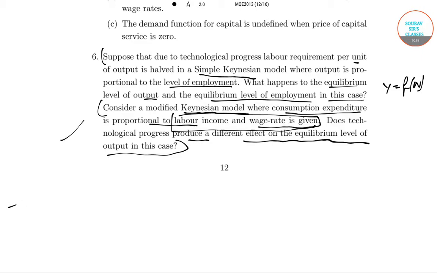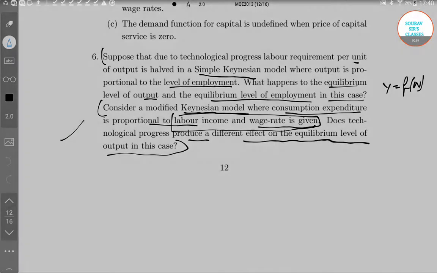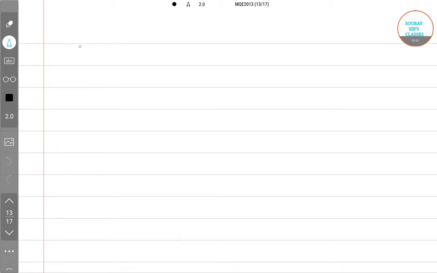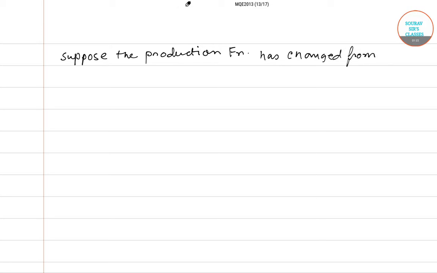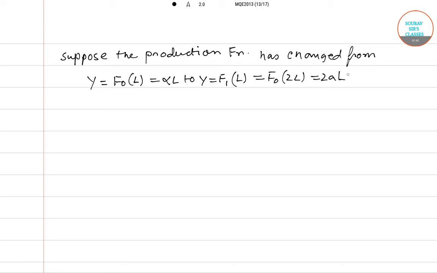So in question number 6, first of all, suppose the production function has changed from y = f(L) = αL to y = f(2L) = 2αL.